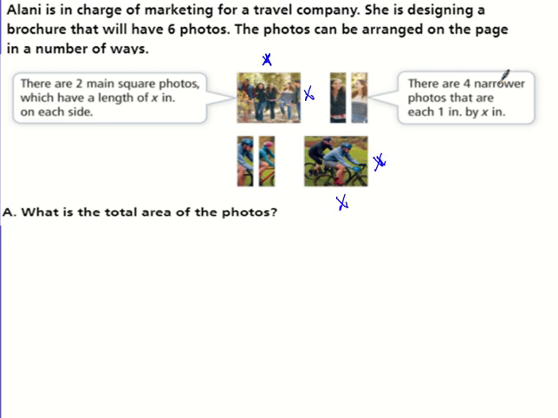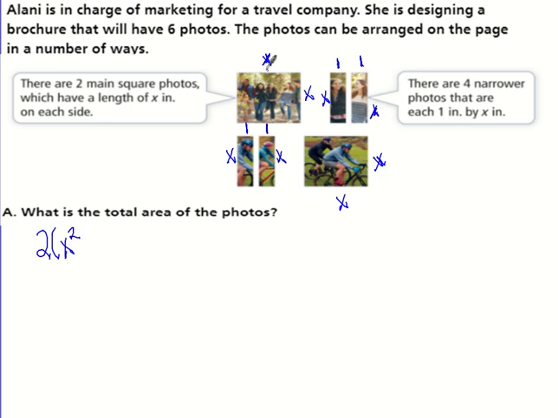Now there are 4 narrow photos that are 1 unit by x, and that's for all of them. 1 by x, and 1 by x, and 1 by x. So it says, what's the total? Well, we find the total of these 2 squares. That's going to be 2 times x squared, right?